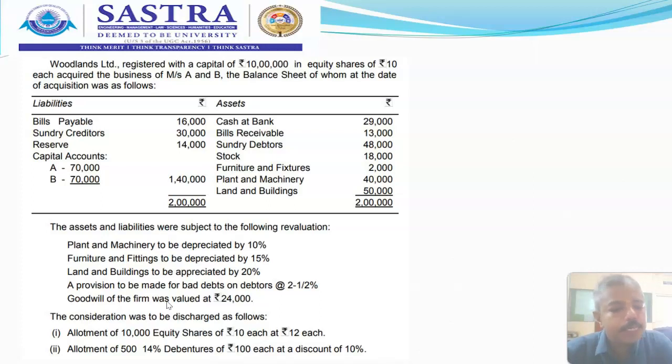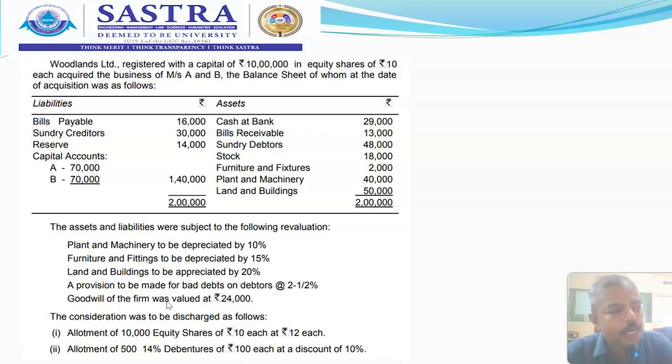And the third one is the balance, whatever is there, to be paid in cash. So here, so simple, we have seen the different types of purchase consideration and how to be settled. We have seen in the last lecture the calculation of purchase consideration.